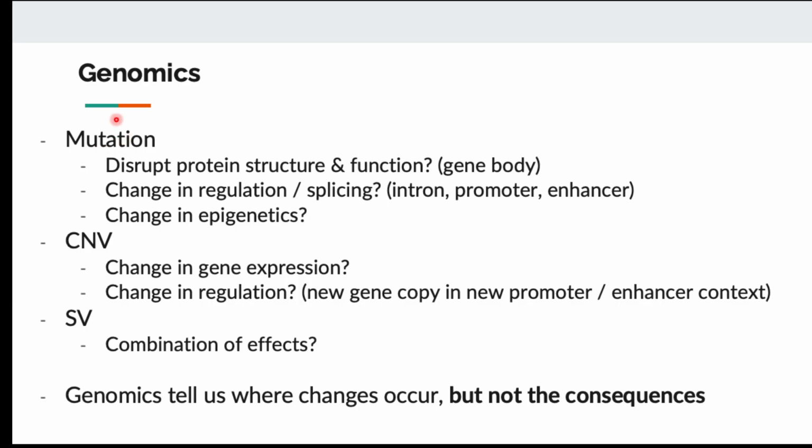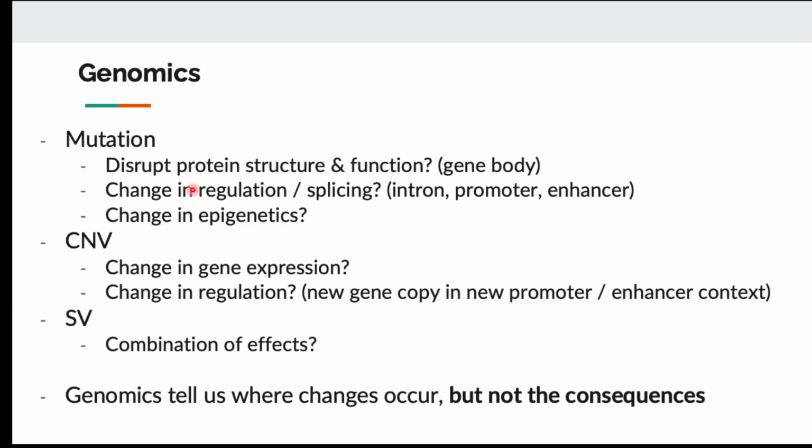But when you identify a mutation, you probably want to interpret it. If the mutation occurs in the gene body, will it affect protein structure, will it affect protein function? We can predict using AI, but in order to make sure that this mutation actually causes the disease, you need data from the proteomics layer to interpret that.